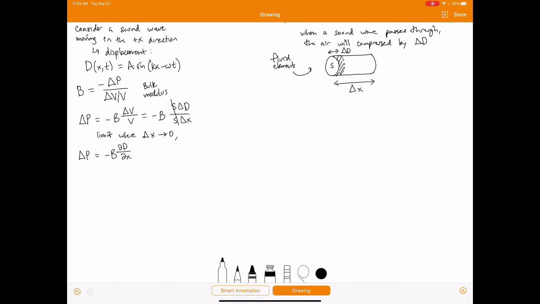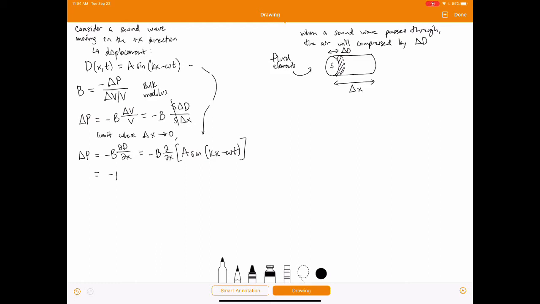And we have to use partial derivatives here because there are two variables, x for position and t for time, and we're talking about the derivative with respect to x, not time. So this is going to be minus B times the derivative with respect to x of the displacement, which again is A sine(kx minus omega t). That's the derivative we have to take.